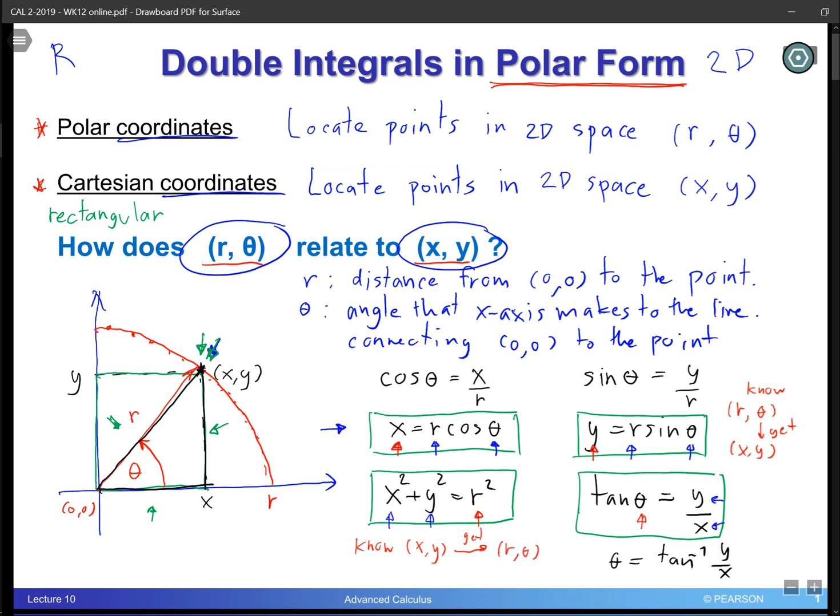So this is like the transition both ways. One from r theta to x and y up here, and the other is from x and y to r theta. It depends on the situation which one you need. Okay, so that is it about the relation between r theta and x and y.